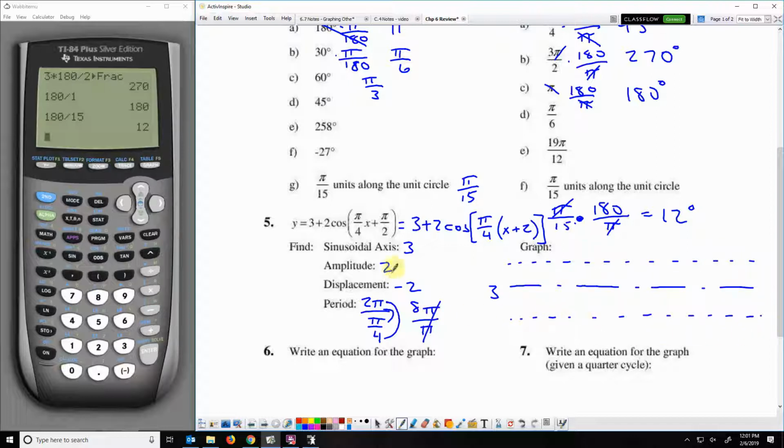The amplitude is 2, 3 plus 2 is 5, 3 minus 2 is 1. That means that my x-axis, where y is 0, is going to be down here underneath the 1. Okay, it is shifted 2 units to the left. That means I need some space over here, so I need to move my y-axis over a little bit.